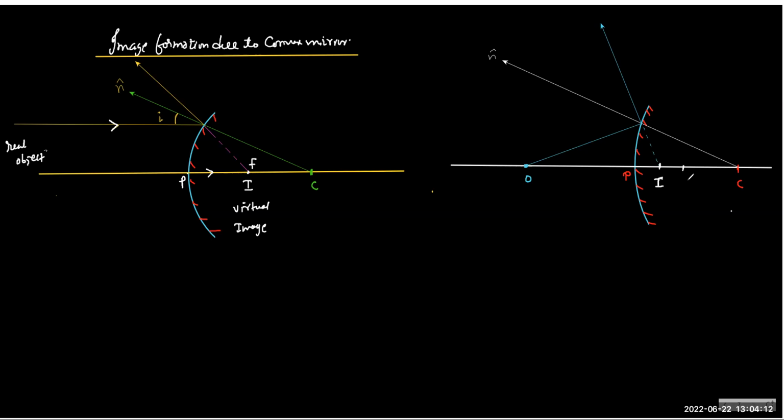The focus is exactly somewhere here. So the moment you bring the object like this, the image is still virtual, no effect, because it's still diverging. Angle of incidence and angle of reflection are both right. So the reflected ray, no matter where you take the object, is going to be diverging. So the image is always virtual.